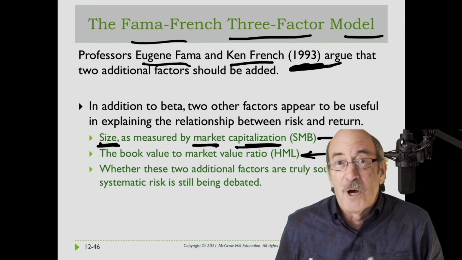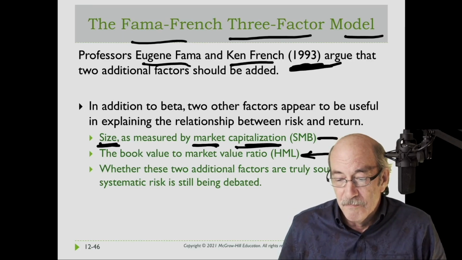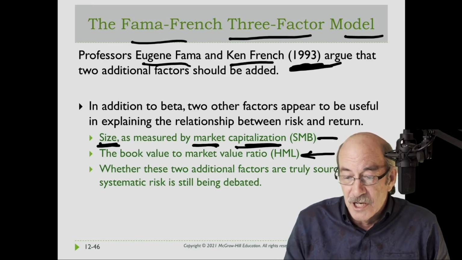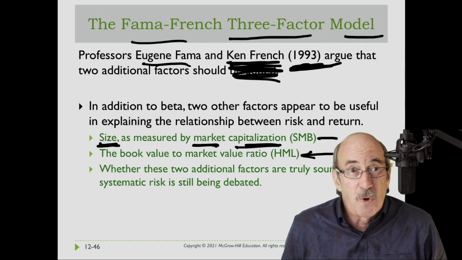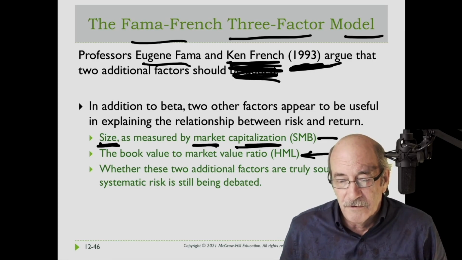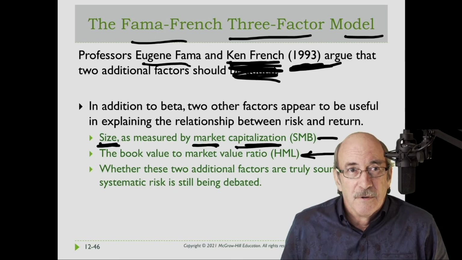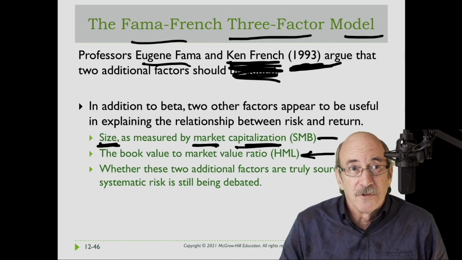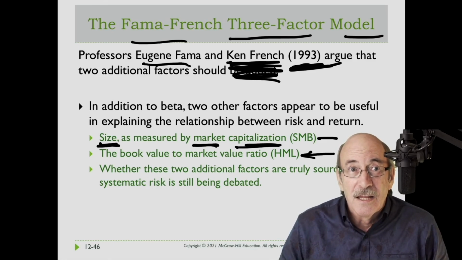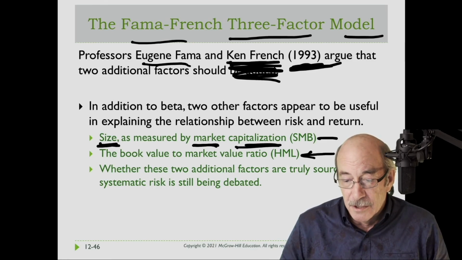And the three-factor model is easy to run. Ken French keeps the factors on his website. I think he's at Dartmouth. You just Google Ken French, Dartmouth, three-factor model, and you get those other two factors. So it's easy to get the data. It's easy to run the model.